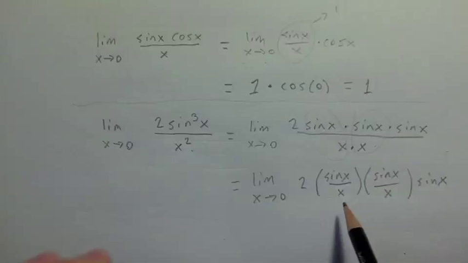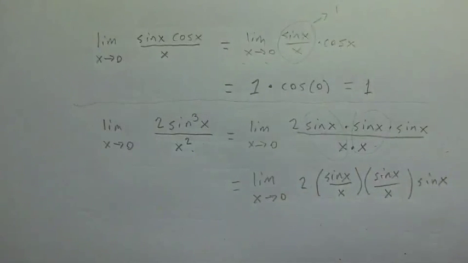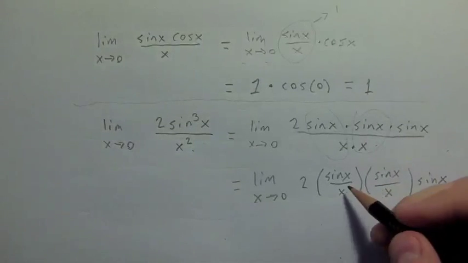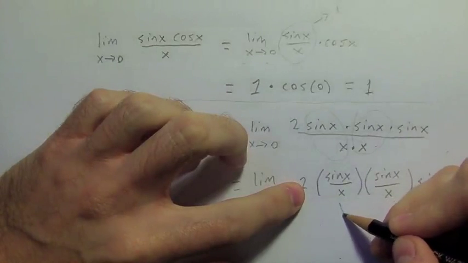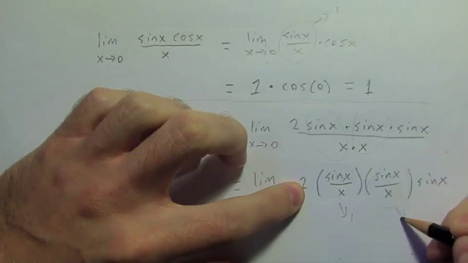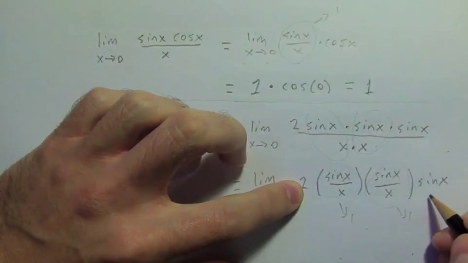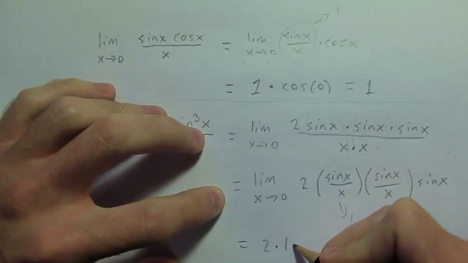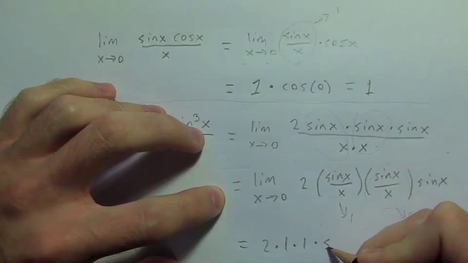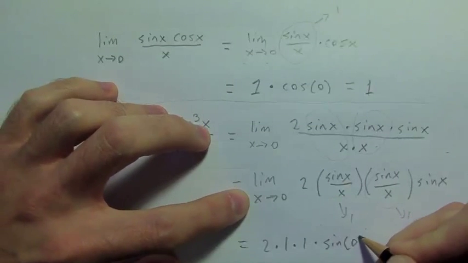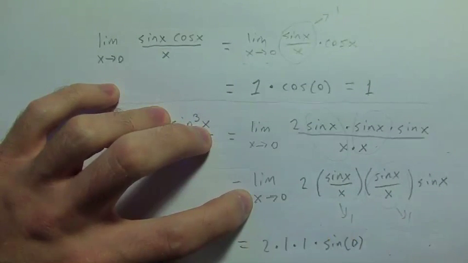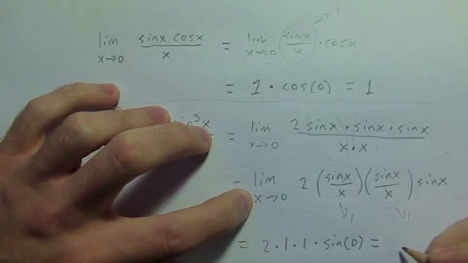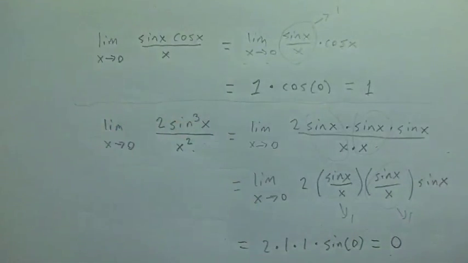So now I've broken it down to where I've isolated all the sine x over x's, and this piece goes to 1, this piece goes to 1, and now what I have is 2 times 1 times 1 times sine of 0. We can just plug the x value in, and this actually ends up being 0.